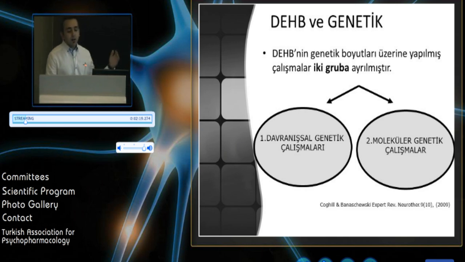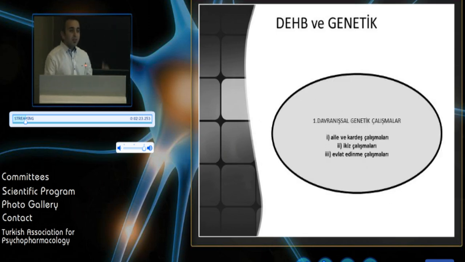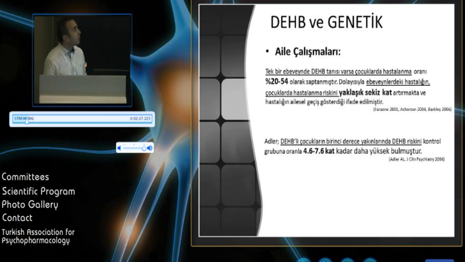There are two groups of trials. One of them is behavioral genetic trials. The other one is molecular genetic trials. Behavioral genetic trials are familial trials, twin trials, and adopted child trials. I think this is important in two senses. Firstly, as you know, familial disease is hereditary.